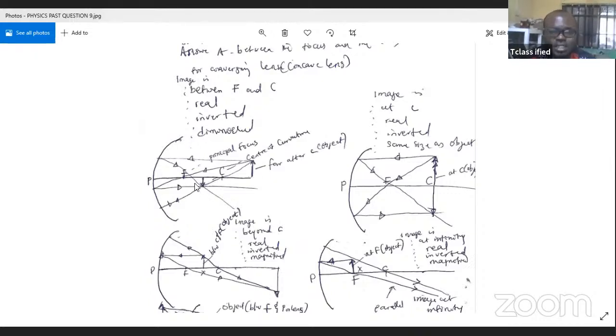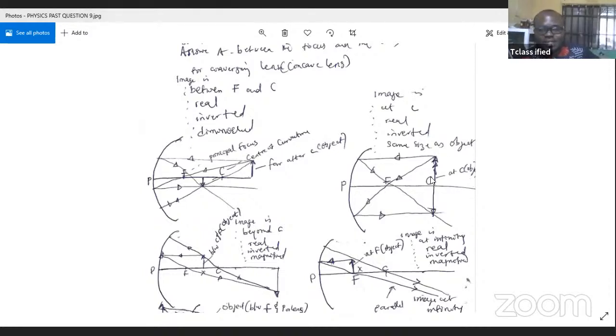F is the principal focus. The image is real, inverted, and diminished. It's not magnified, it's reducing. So these are the properties of an object placed after the center of curvature. The image is inverted, diminished, real, and between F and C.